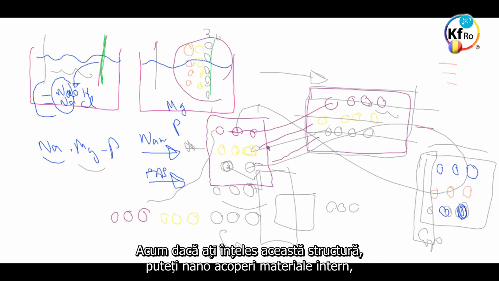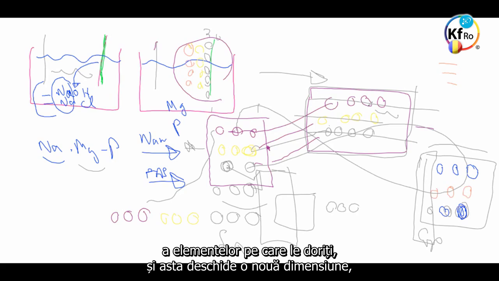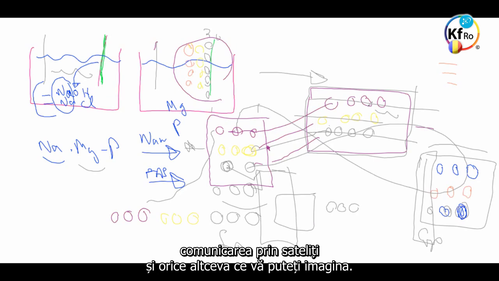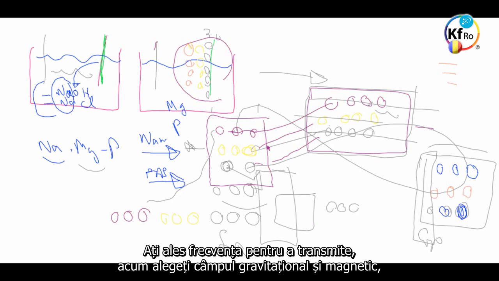Now, if you understood this structure, you can nano-coat materials internally of the elements which you want, and this opens a new dimension in the world of metrology, computer development, communication satellites, everything else you can imagine. You choose the frequency now to broadcast.